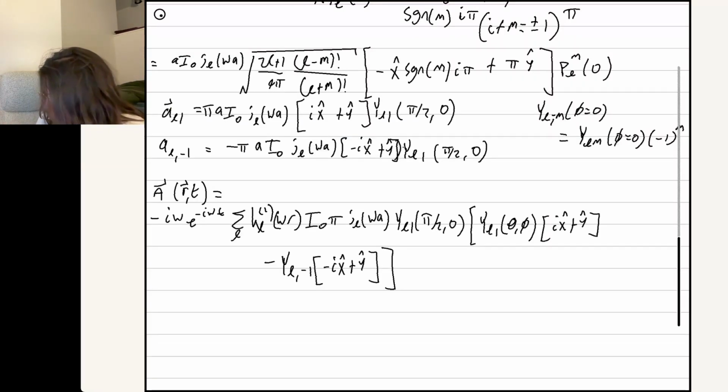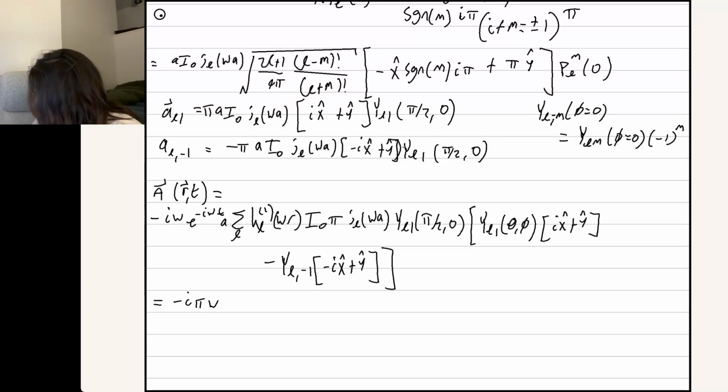So regrouping all of this stuff, we're going to pull out an i pi omega. There's a factor of a that I dropped, so I was just going to put it there. a j_l of omega a, i naught, and I don't know why I'm putting the j_l outside the sum. I'll just put the i naught there.